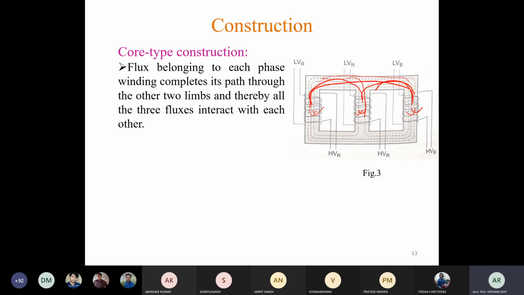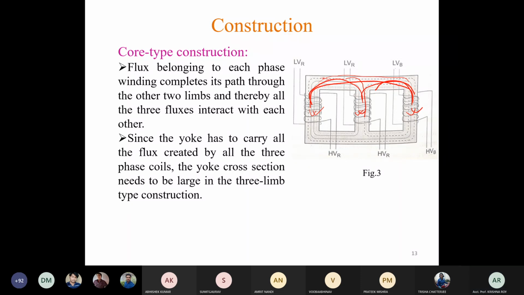So that means any section of this core, either limbs or yoke, carries the flux produced by all the three windings. That means they are not independent. Now from this we can see that the yoke section, that means this section, carries most of the flux produced by all the three windings.